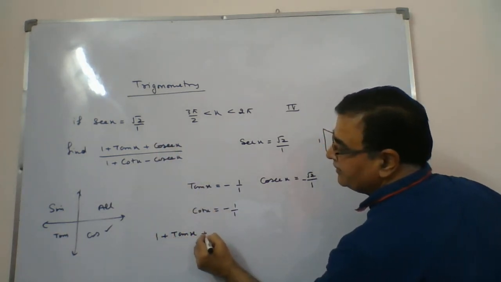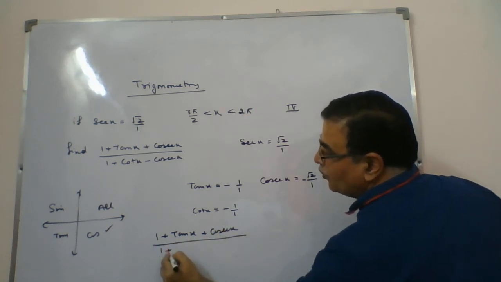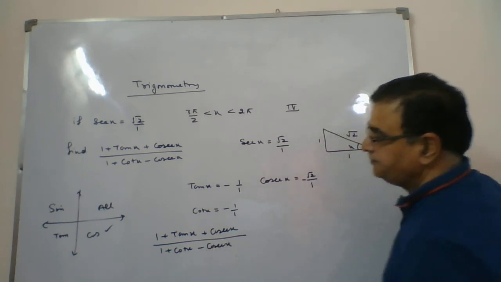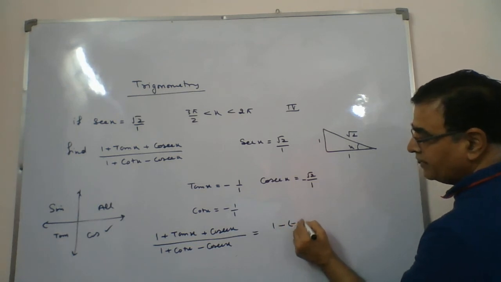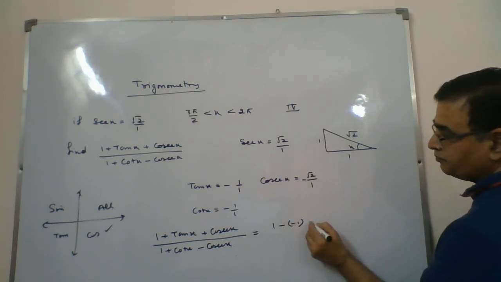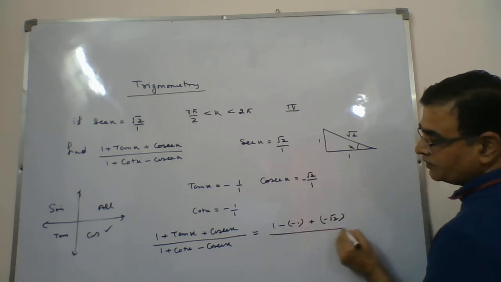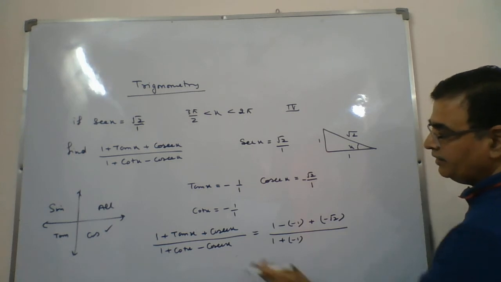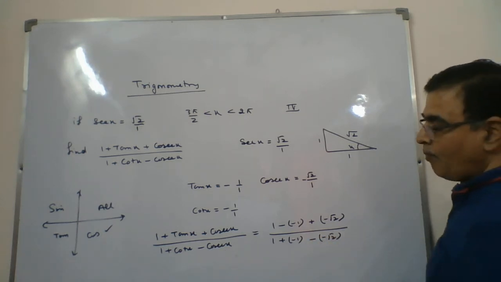1 plus tan x plus cosec of x divided by 1 plus cot x minus cosec of x. Every value is known to you. 1 minus 1, then it is plus minus of root 2, divided by 1 plus minus of 1, and then it is minus of minus root 2.